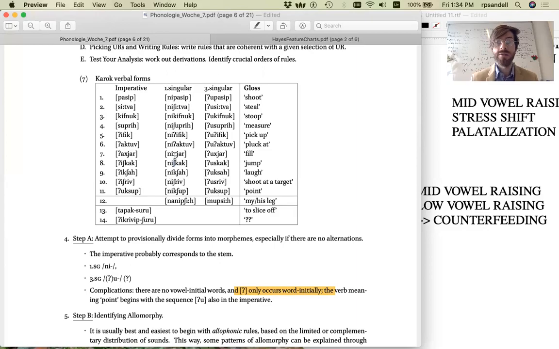palato-alveolar fricative sh always occurs immediately after a vowel e, as in 2 and 10 in the imperative and the first singular, or there can also be a consonant ka preceding that vowel.